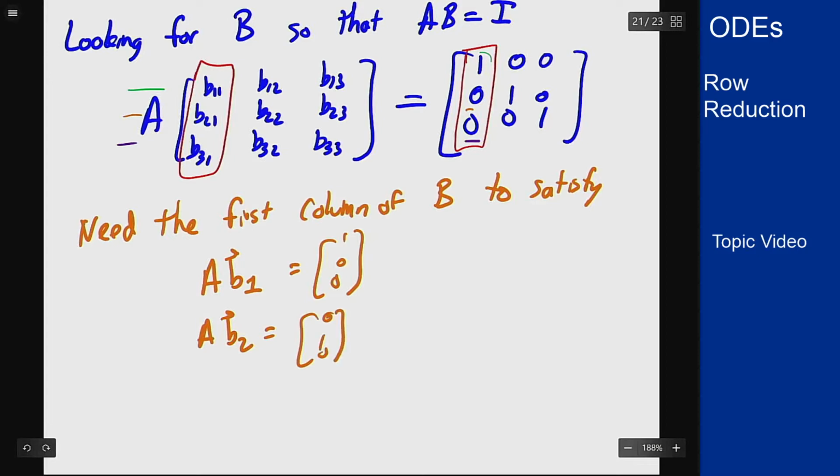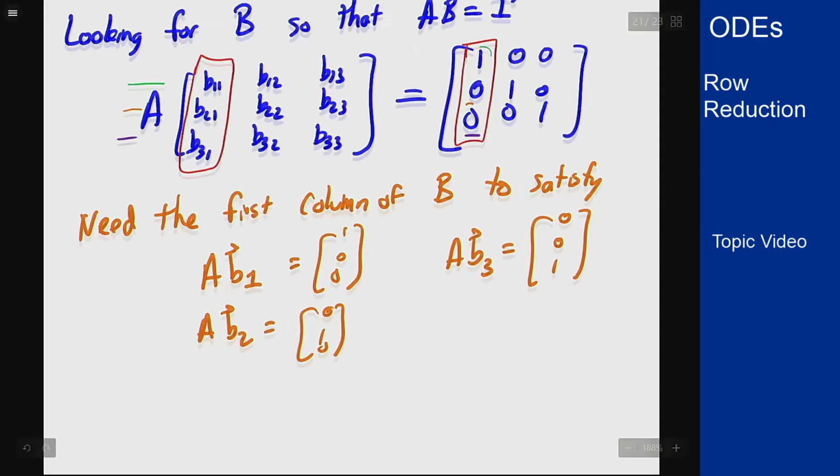And the third column should be 0, 0, 1. Now all of these are just solving a system of equations, which we could do by row reduction. The same process will work for all of these setups, we'll just get a different right-hand side. What we can do is solve all of these problems at once to get to the answer.